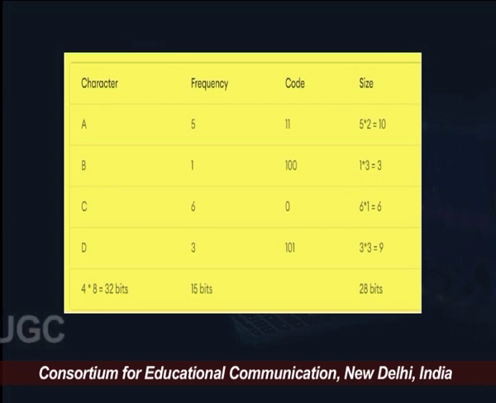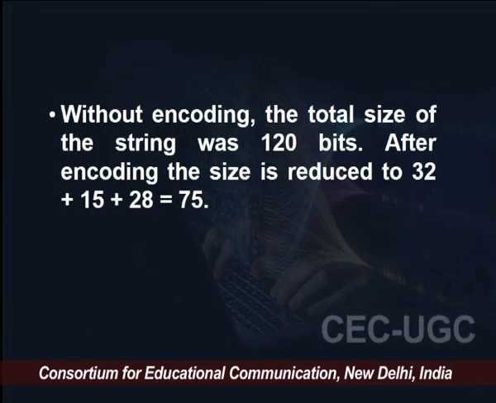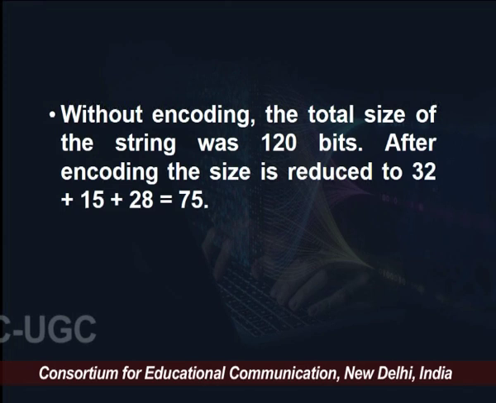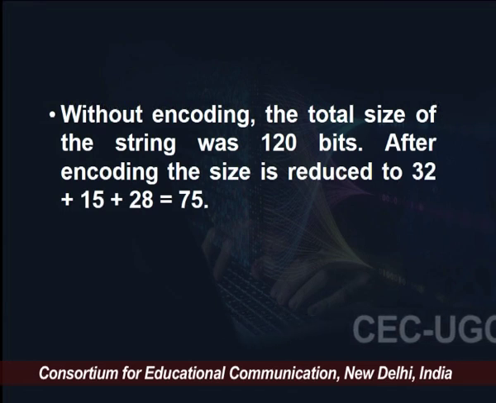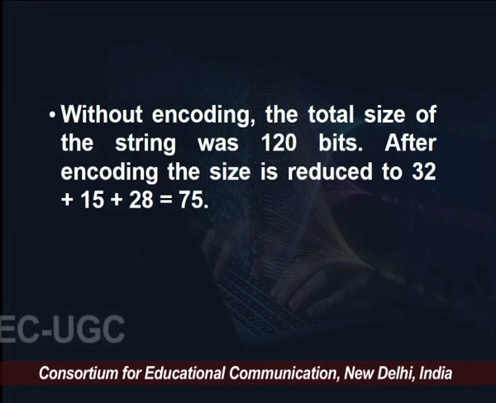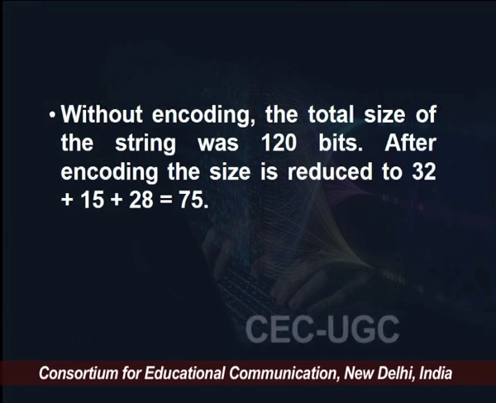So, the total size has been reduced from 120 to 75, and for just a 15 character initial string, this is a decent improvement. But this was the first half of the whole procedure, because we also need to see how we are going to decode the characters.